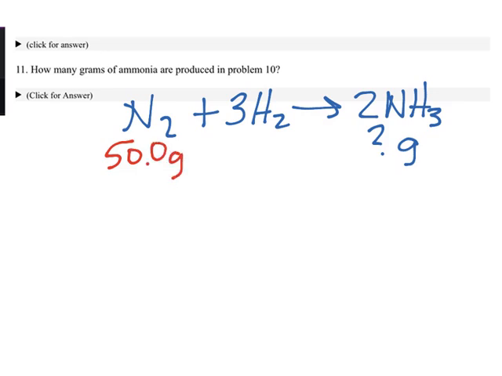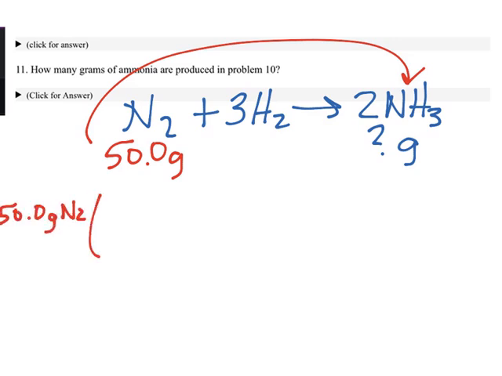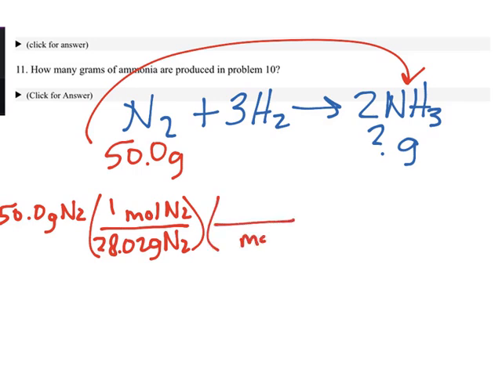So this would be 50.0 grams of nitrogen that we're going to take to grams of NH3. Grams of nitrogen to moles of nitrogen. 1 mole of nitrogen is 28.02 grams, just like it was in the last problem. Canceling out mole of nitrogen, this time going to mole of NH3, and it's a 2-to-1 ratio.